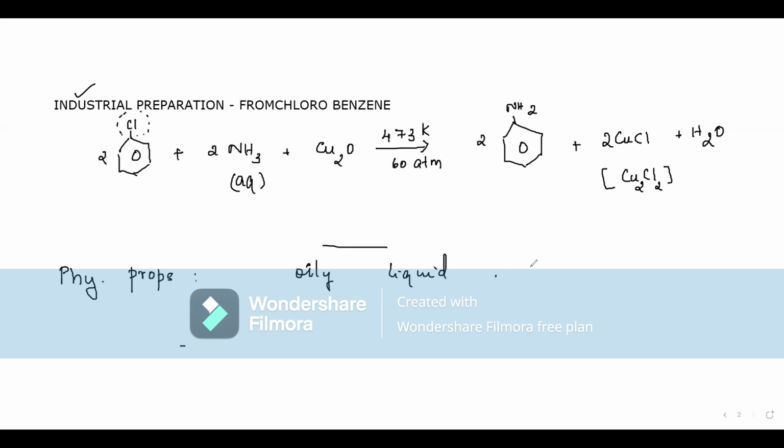It's an oily liquid. It has a characteristic smell, and it is very slightly soluble in water. So just one or two physical properties, if you can memorize, that will be good.